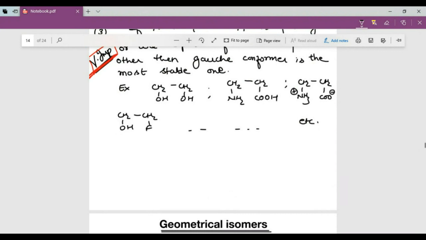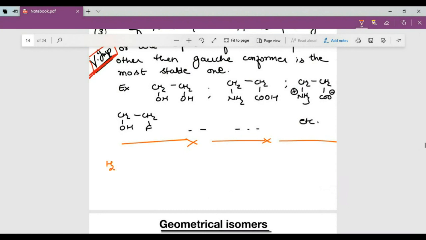In any of the definitions that we might have studied in case of conformation or isomerism, we never ever said that there should be the presence of X number of carbon atoms.